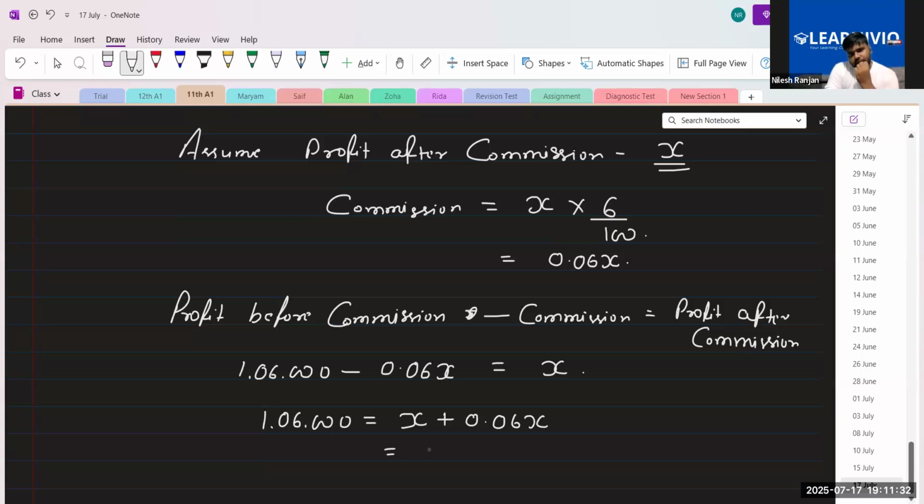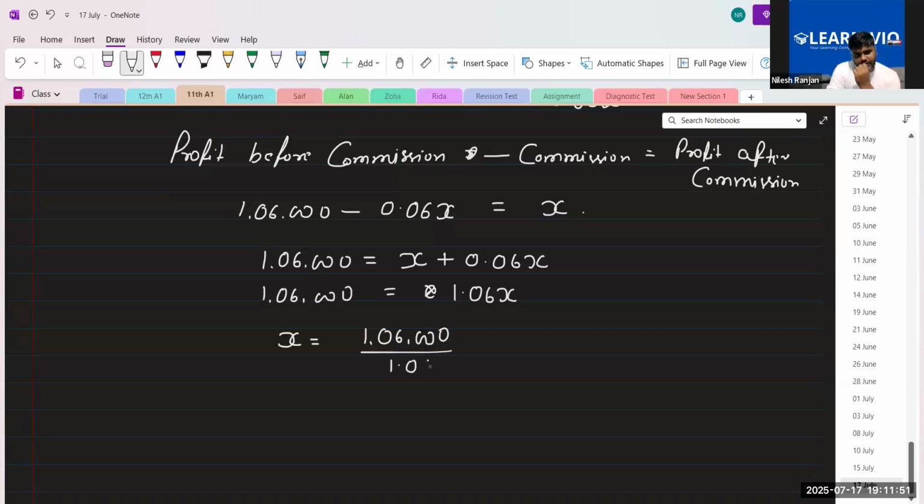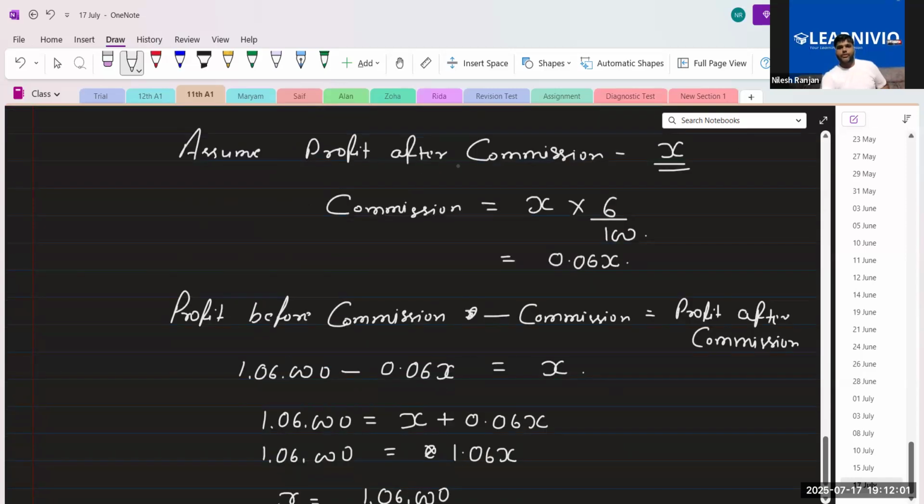So the total will be 1.06x, and here 1,06,000. So x equals 1,06,000 divided by 1.06. So it will be 1 lakh. Your X is completed. X means profit after commission.